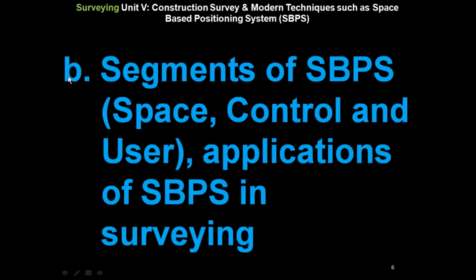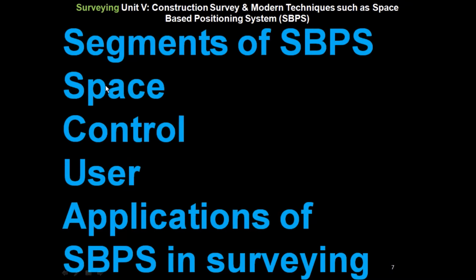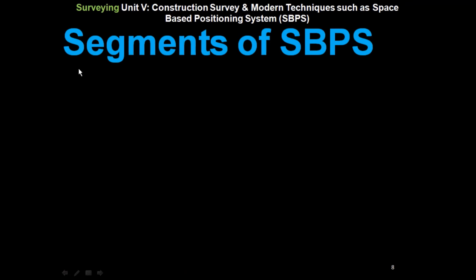Now we will see Part B. So we will see the segments of SBPS, that is the space segment, control segment, user segment, and applications of SBPS in surveying. First we will see the segments of SBPS.